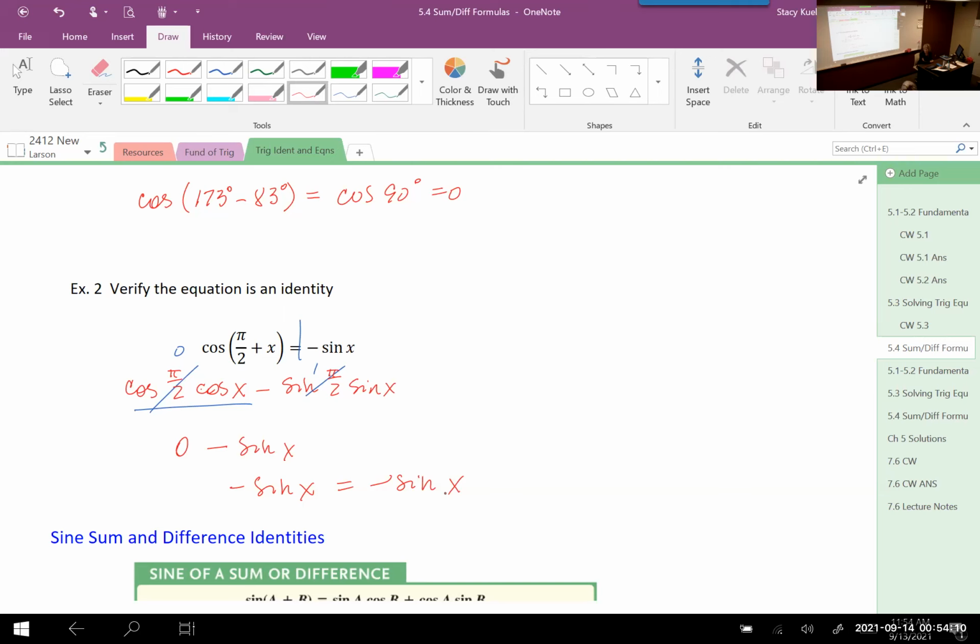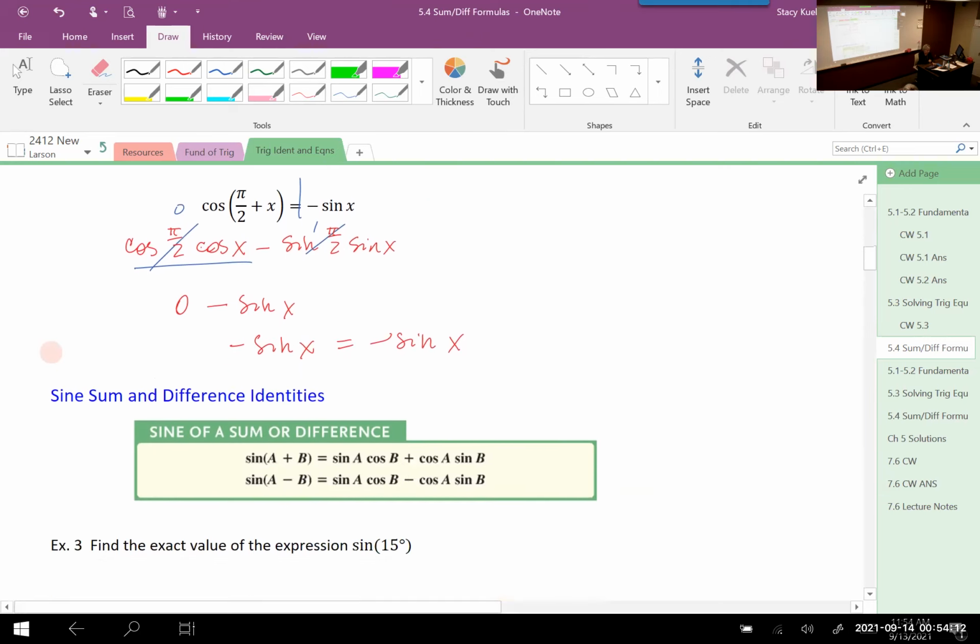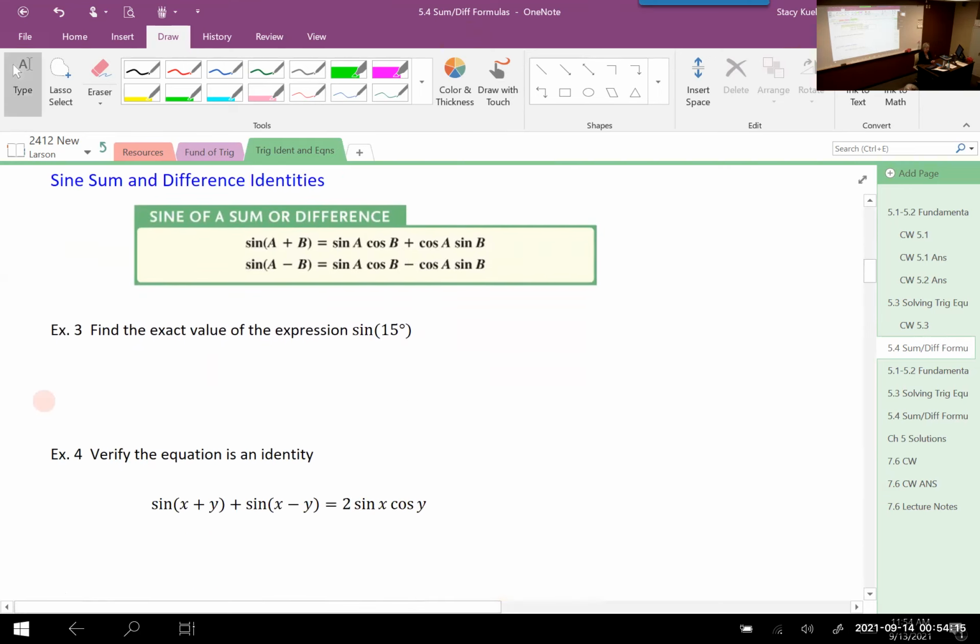Okay? Okay. Let's add to that list the sum and difference identities for sine. So it's going to be similar, but it's a little different, right?